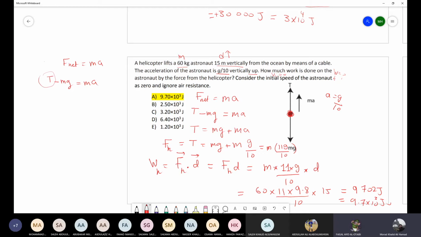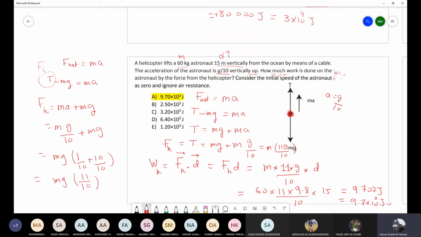So F helicopter is equal to ma plus mg. But instead of a, I put g over 10. So it is equal to mg over 10 plus mg. Take mg as a common factor: mg times 1 over 10 plus 1, which is equal to 11 over 10. This is equal to F_H, or the tension, not the F net.